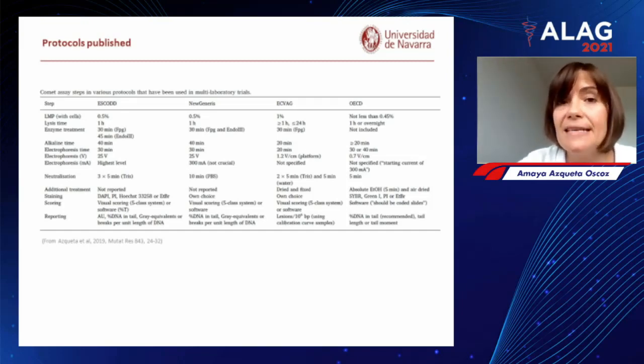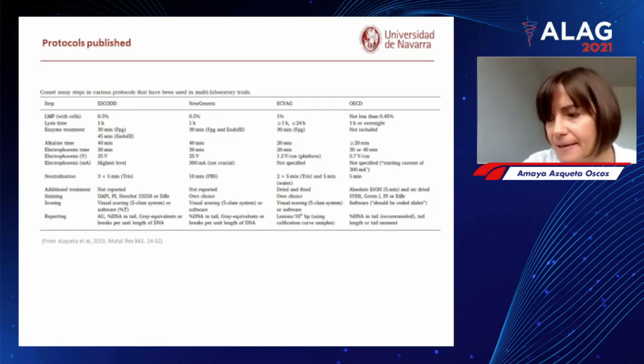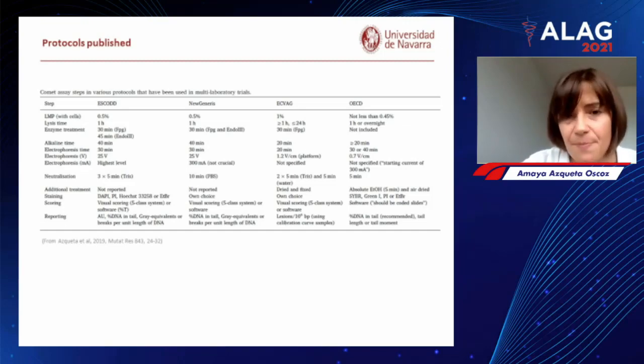And the last one is the OECD guideline. If you check the conditions used in each of the steps, you will see that there are a lot of differences among them. For instance, the concentration of agarose used is different, the time of the lysis is different, the time of the alkaline treatment is different, the conditions of the electrophoresis also are different, and so on.